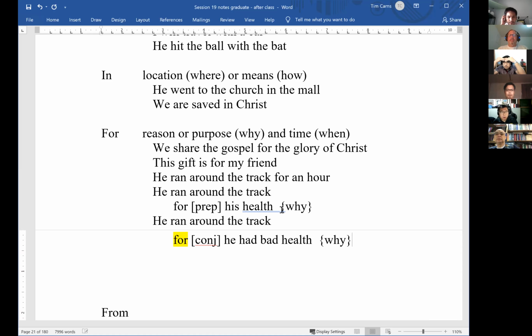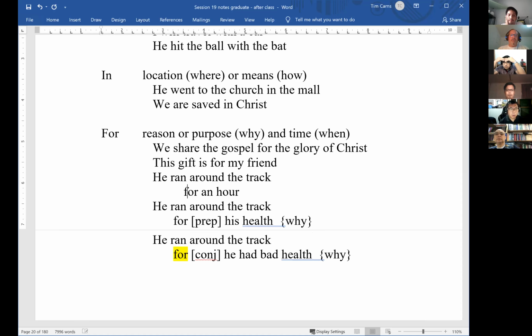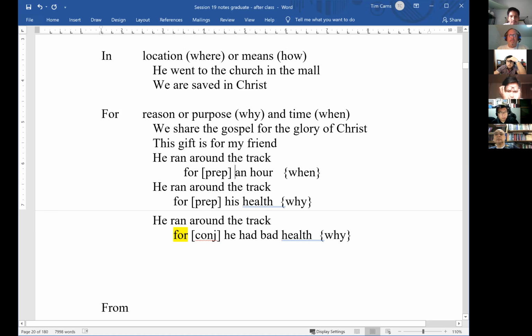And in this sentence, he ran around the track for an hour, it's answering the question when. So it's modifying the verb because it's answering the question when. But technically, it is a preposition here in this sentence.